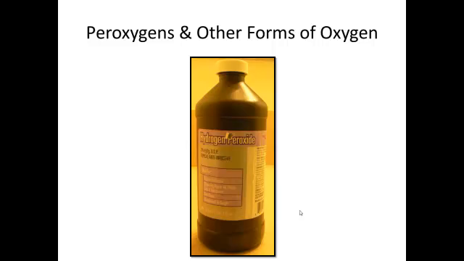No, that's not a balanced equation, but you get the idea. So that's why when you put hydrogen peroxide onto a cut, it bubbles. If you use it for an oral mouth rinse, you get a mouthful of bubbles. You've got a mouthful of oxygen.